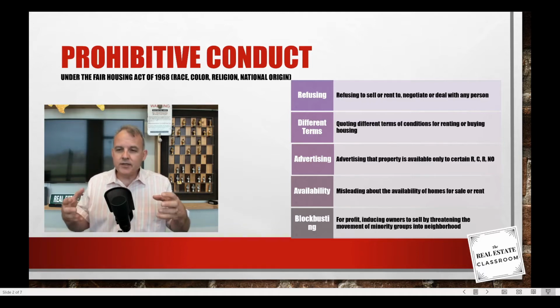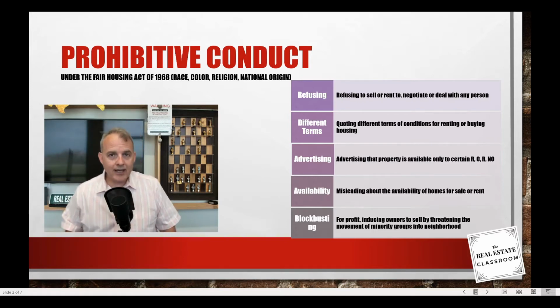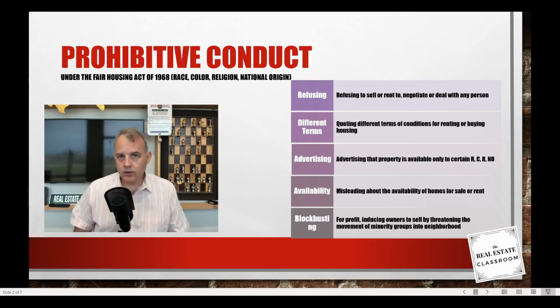The owner gives them different terms or a different price or a different potential closing date, those types of things, to try to dissuade that caller from moving forward with maybe purchasing that home. So that's misleading about the availability of homes for sale or rent.